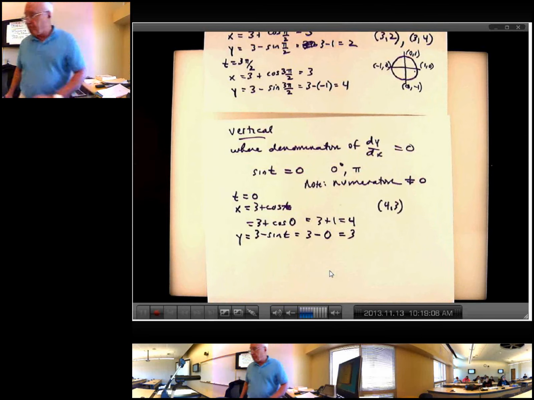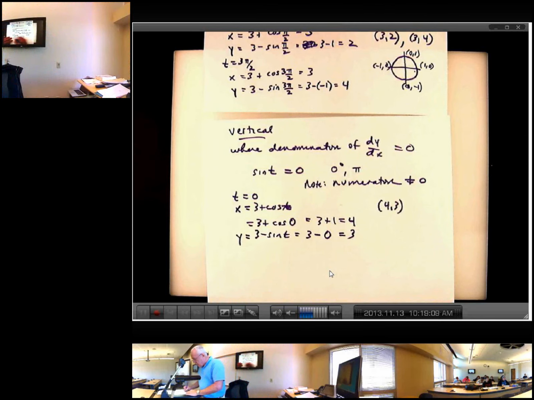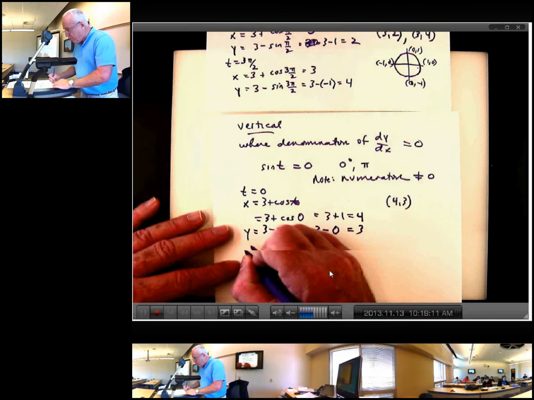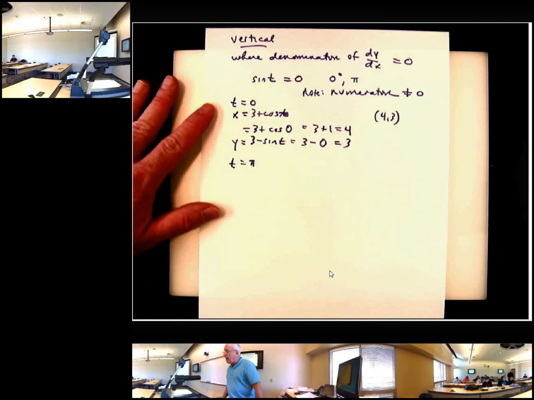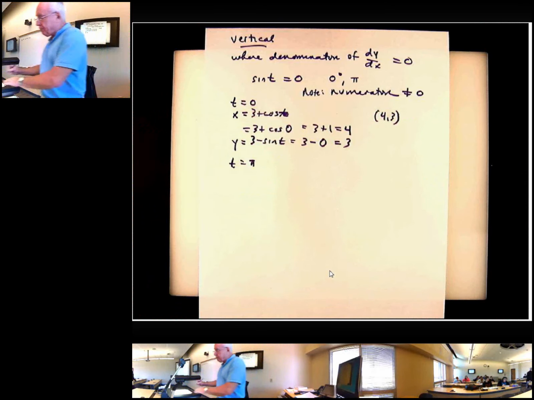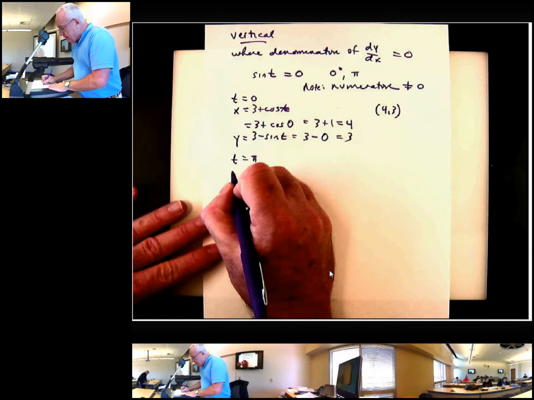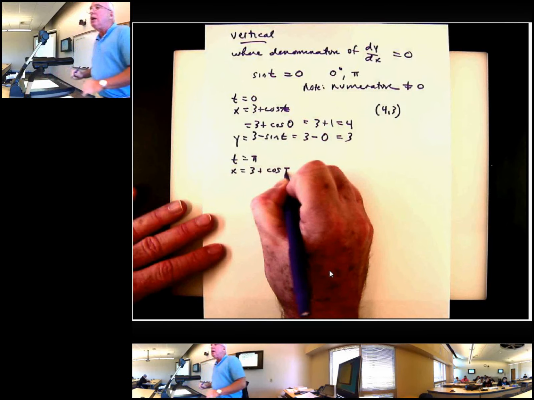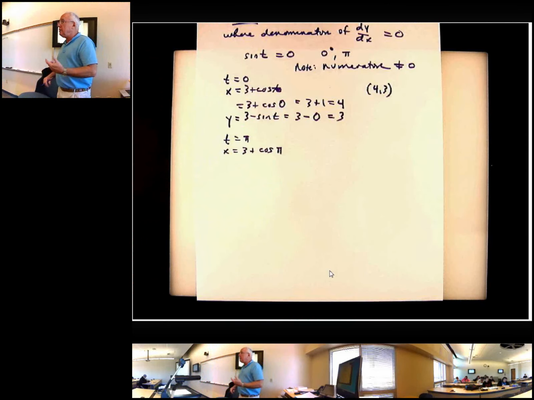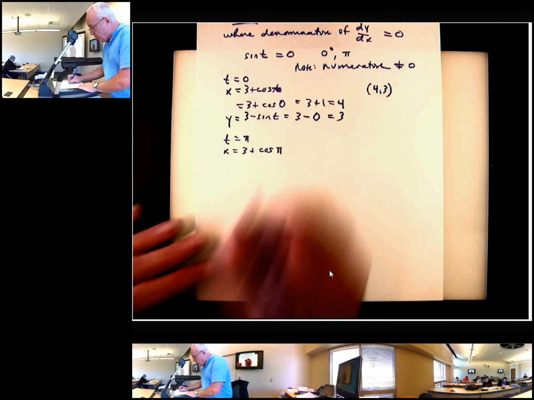All right. And then, just like before, we're going to get another ordered pair here with pi for the t value. So here, x is going to be 3 plus the cosine of pi. Now, the cosine of pi is negative 1, right? So that's going to be 3 minus 1.